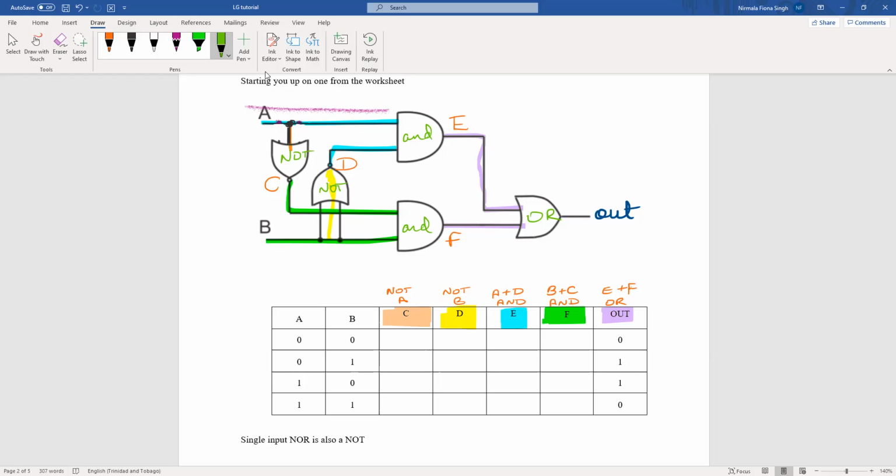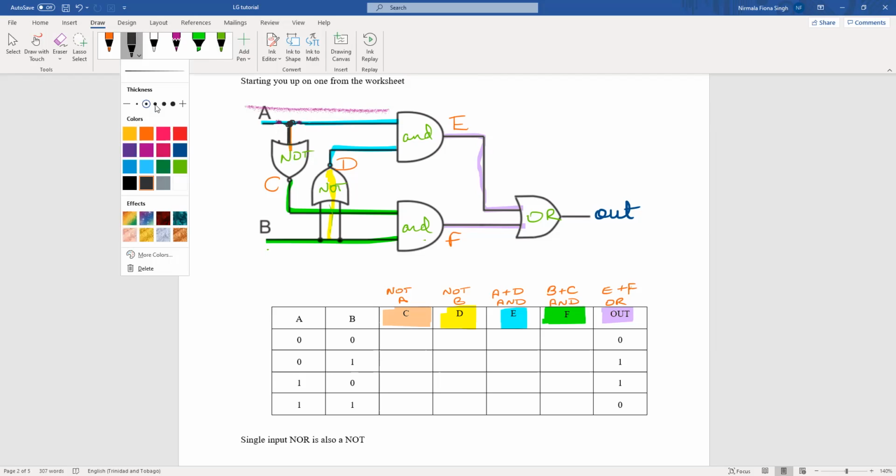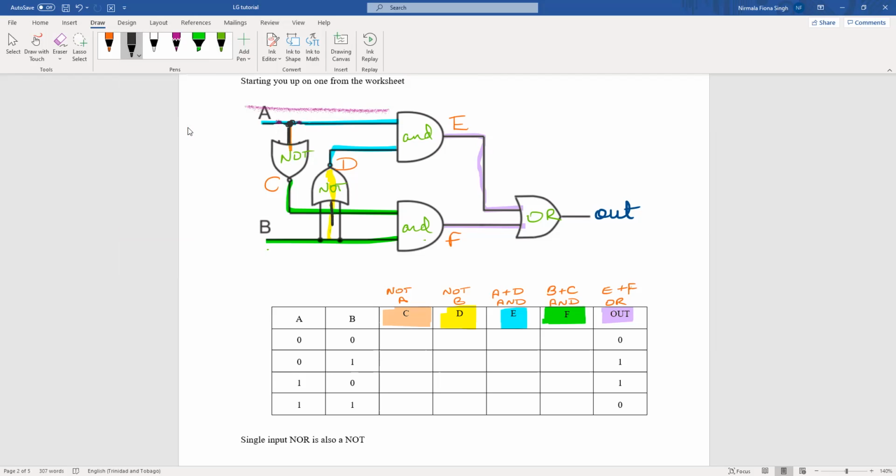And now let's look at what we have here. We have B going through an AND gate, and B is also being fed through another single input NOR. And as we said, a single input NOR is essentially a NOT gate. So we can rewrite this, imagine that this line here doesn't exist.